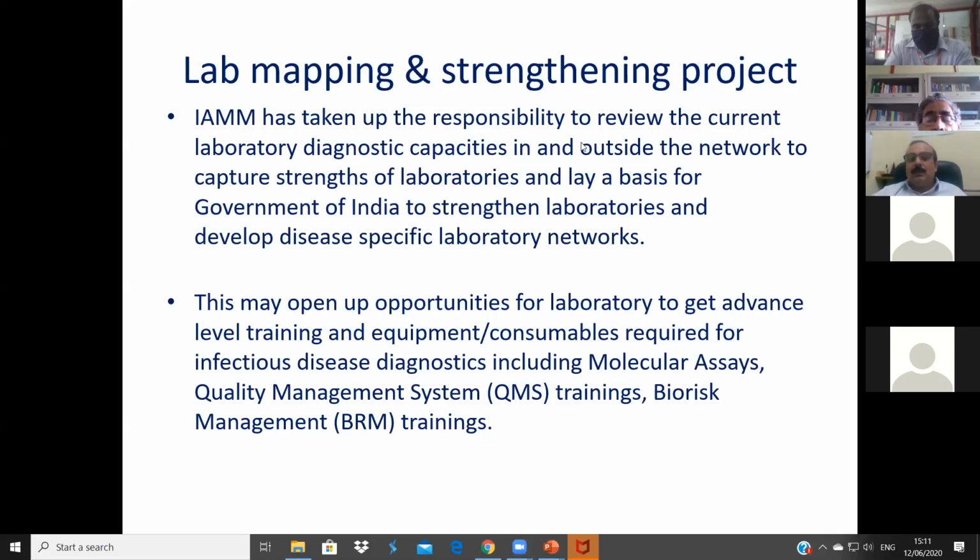Recently, the Medical Council of India, which is no more, so the Board of Governors, has said that each and every medical college should have a molecular biology laboratory. And all the medical colleges are already working on COVID in this laboratory. So lab strengthening has actually helped.